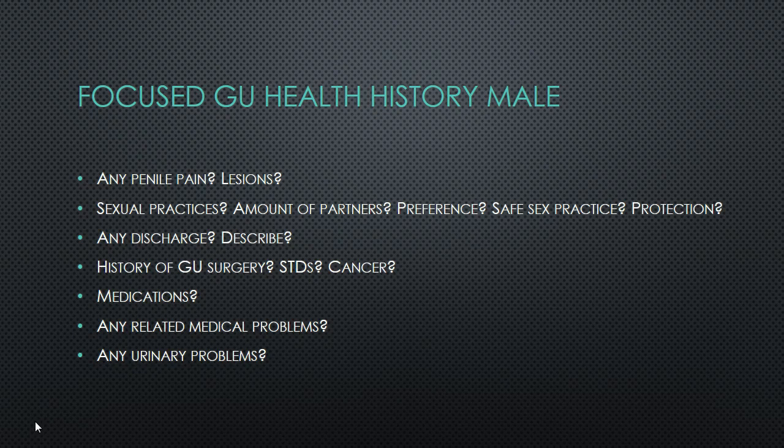So if they're having any penile discharge, they need to describe it so you can follow up on it. History of GU surgery, so if they've had a TURP, a transurethral resection of the prostate, or a vasectomy, any medicines, any related medical problems, specifically for men, because diabetes can affect a woman's GU too.